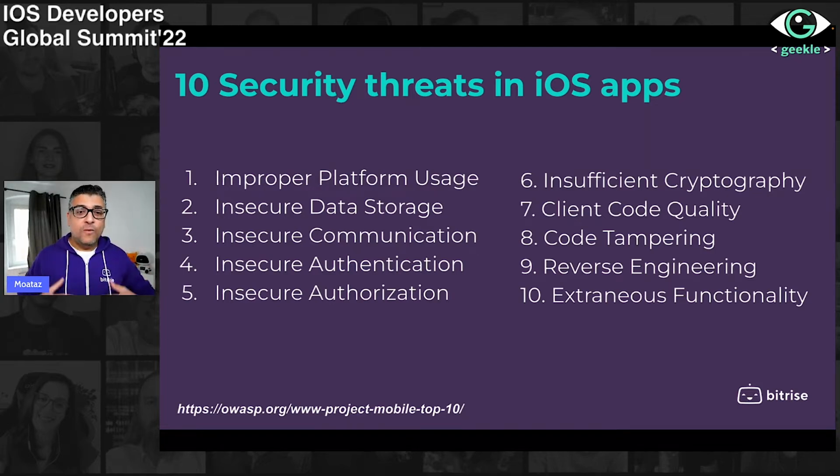They mention that we have almost 10 security threats in iOS applications, or in mobile applications in general: improper platform usage, insecure data storage, insecure communication, authentication, and authorization, and also insufficient cryptography, client code quality, code tampering, reverse engineering, and extraneous functionality. So we have 10 security threats in iOS applications. You can find in this link that these threats are mainly from 2016, but they are still seen nowadays as vulnerabilities or threats inside mobile applications.